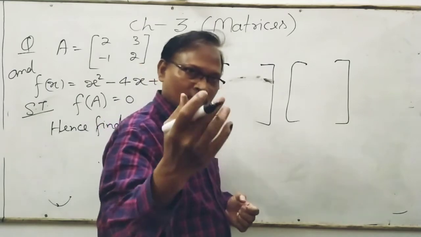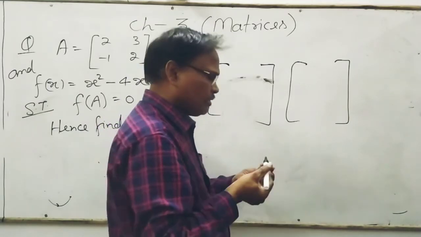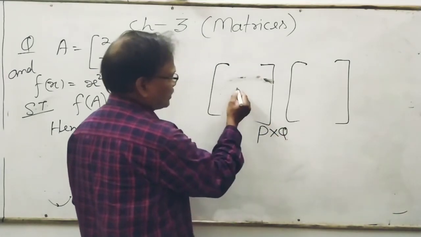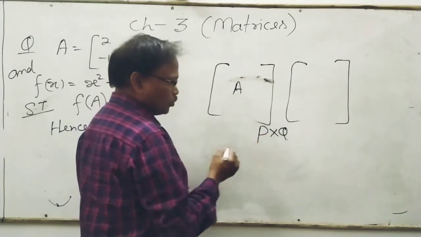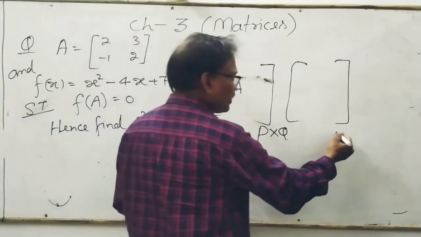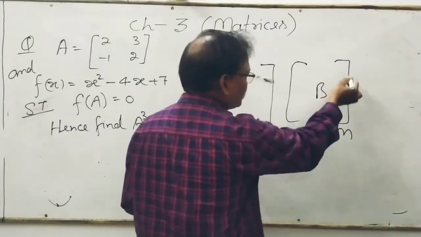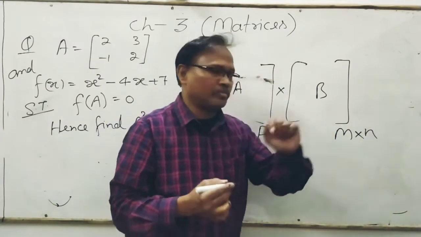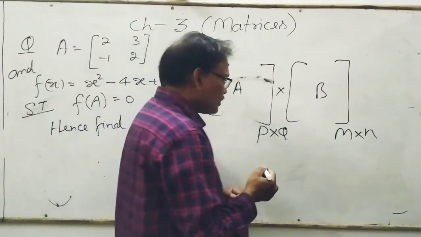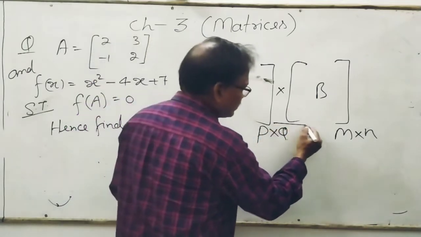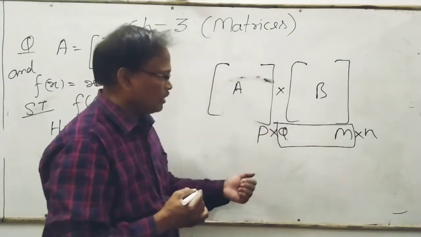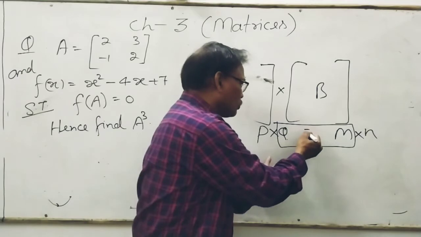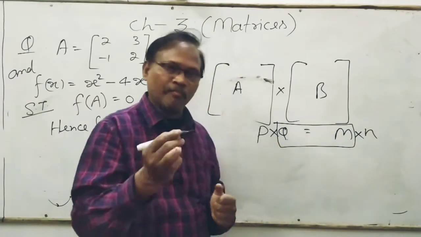Just giving a type of revision of the multiplication: if you have the order of matrix A as P cross Q, means P rows, Q columns, and the order of the second matrix is M rows, N columns, then for multiplication, these two should be the same. Matlab, the number of columns in the first matrix must be equal to the number of rows in the second matrix.